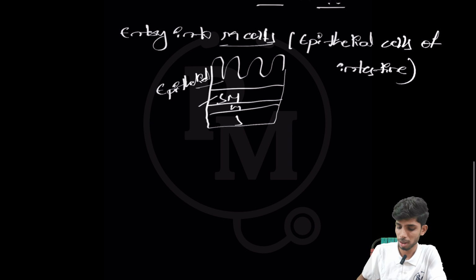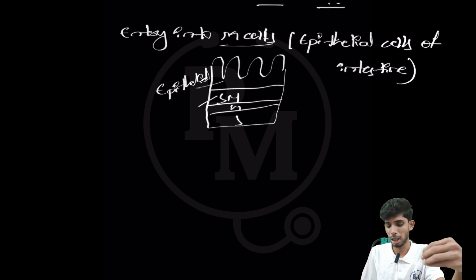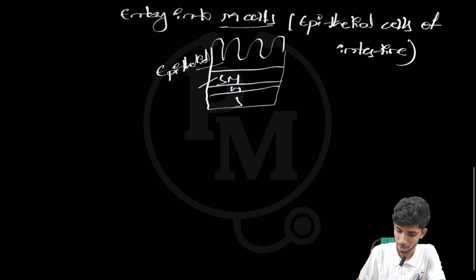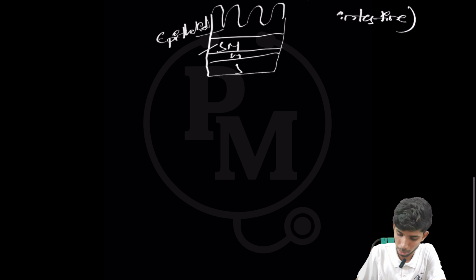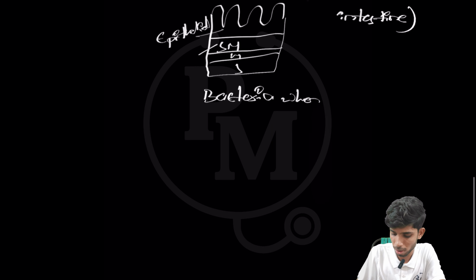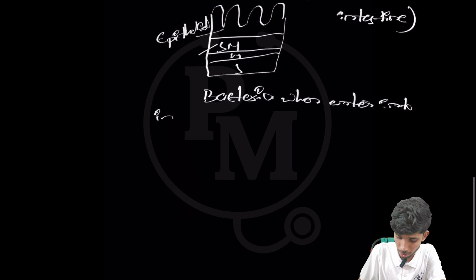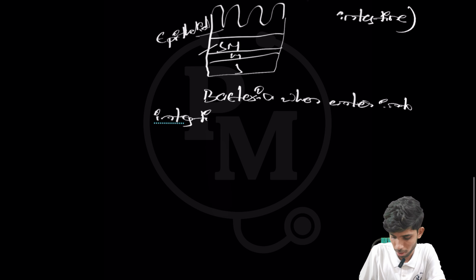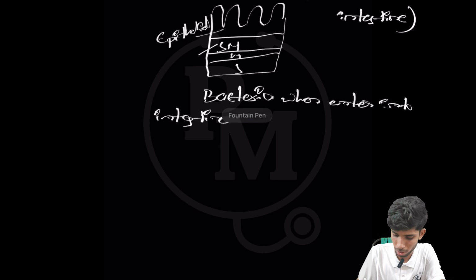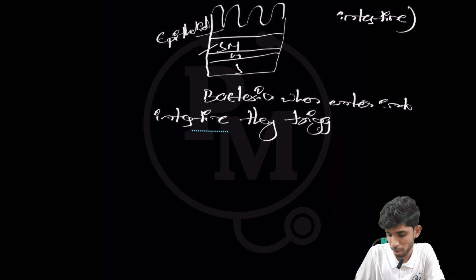When bacteria enter into the intestine, they trigger M cells to form membrane ruffles.